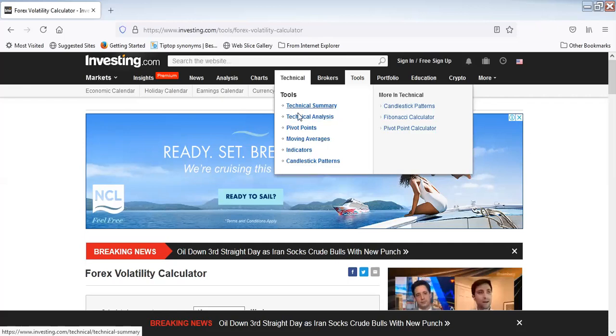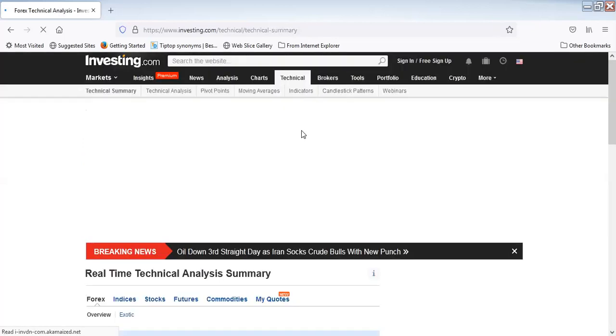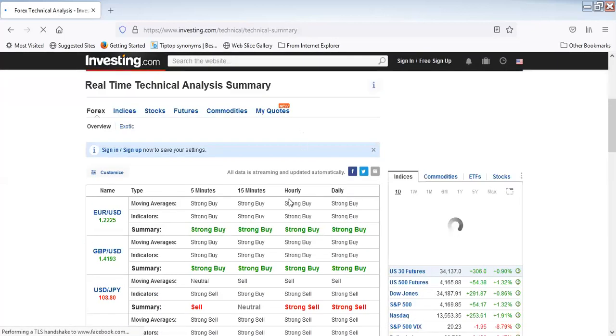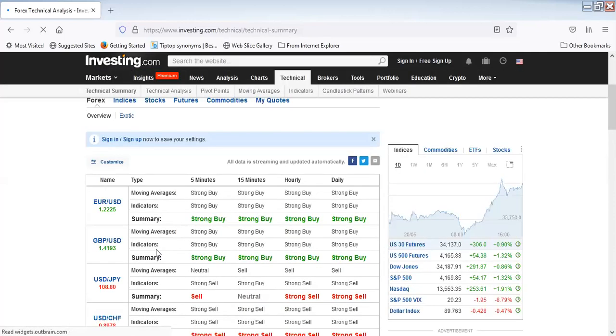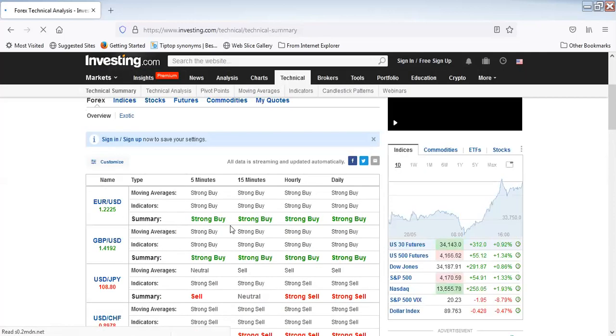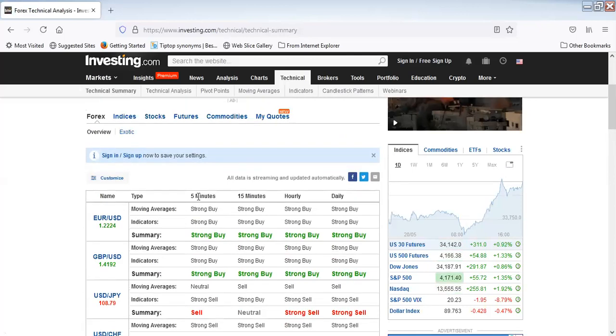If you click on technical summary, you see Euro USD, strong buy, strong buy, strong buy, strong buy. And this indication is on 5 minutes time frame, 15 minutes time frame, hourly time frame, and daily time frame. What are you supposed to do, class? You're supposed to buy immediately.